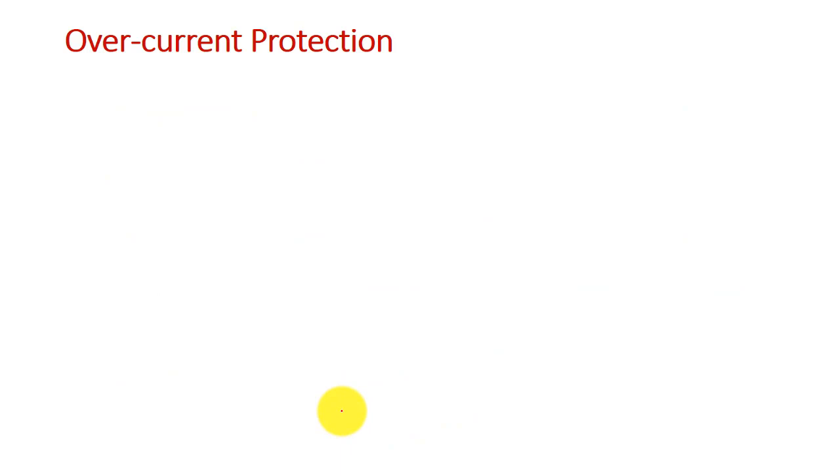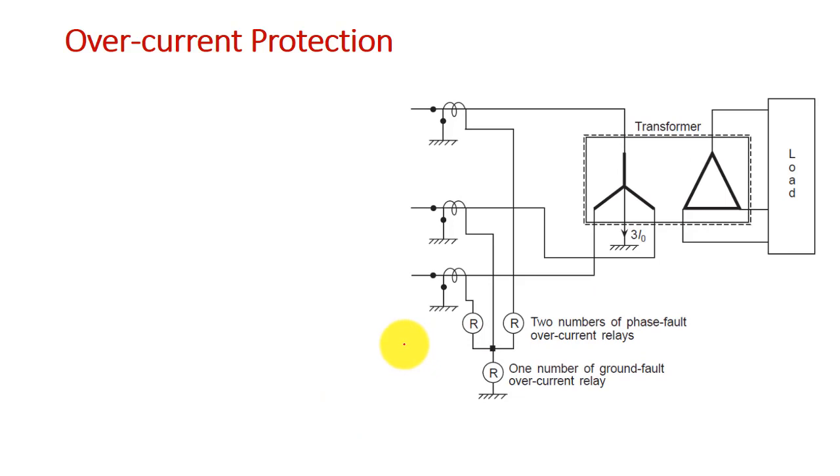Now let us see the overcurrent protection for the transformer. As we can see here, we have already talked about the implementation of overcurrent protection in a three-phase feeder. We generally put two overcurrent relays in phase, and another relay connected for the ground fault.